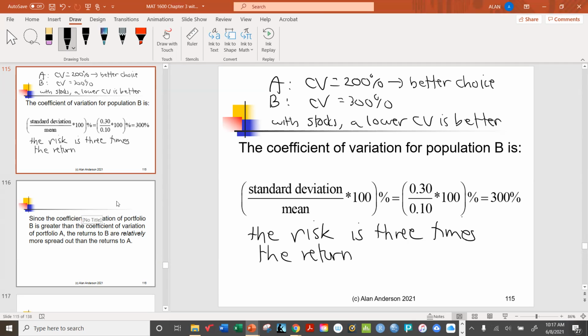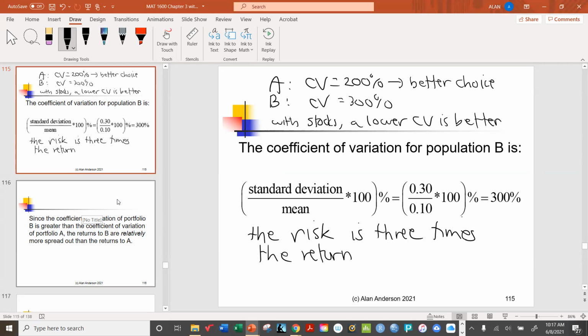All right, now already we've seen 2 types of measures: the measures of central tendency, which help us find the center of our data, and the measures of dispersion, which help us understand how spread out the returns are, or whatever the values happen to be. It's not always returns. It could be temperatures, heights, or weights.